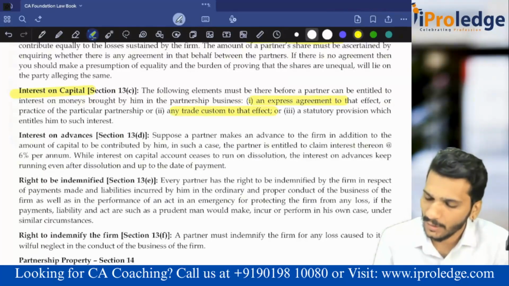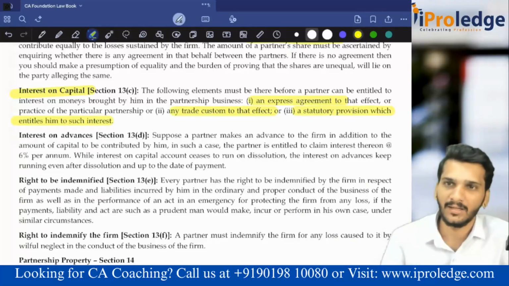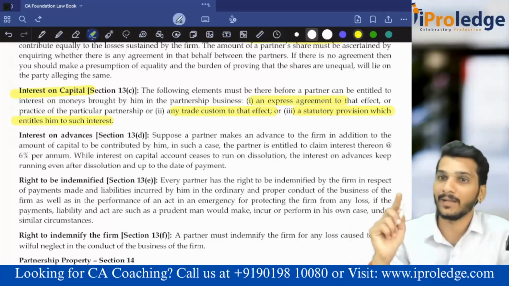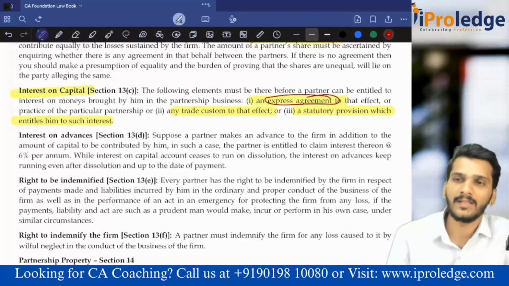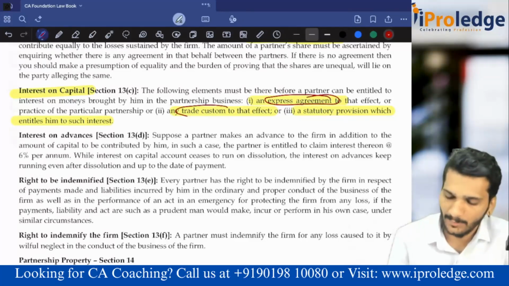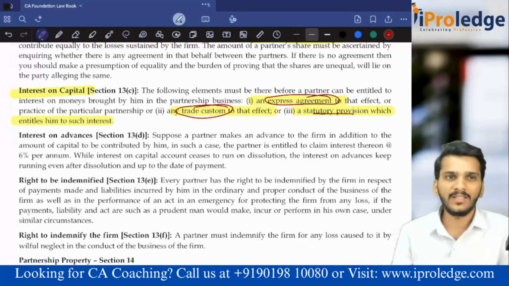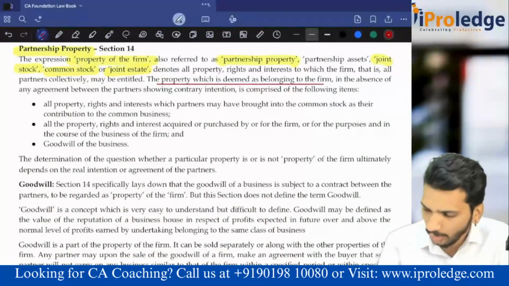Or there is a statutory provision which entitles him to such interest. In the Partnership Act it is not there, but in some other act it is mandating the partnership firm to give the interest on capital, then also you can take. Under three situations you can get the interest: one is there is an express agreement, or trade customs are there, or statutory provisions are there.